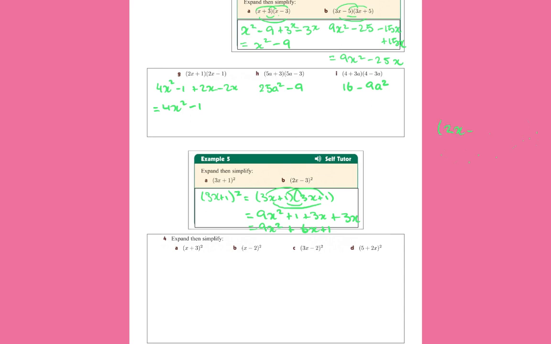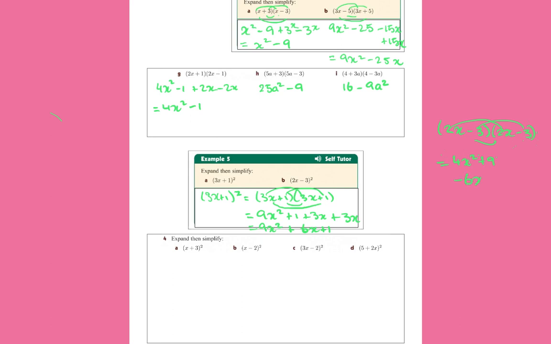Okay, so 2x minus 3 all squared, we'll do it on the side. 2x minus 3, 2x minus 3. So rainbow, 2x times 2x is 4x squared. Minus 3 times minus 3 is positive 9.